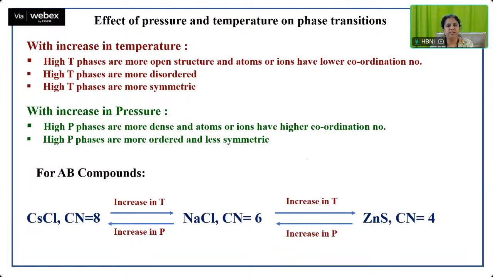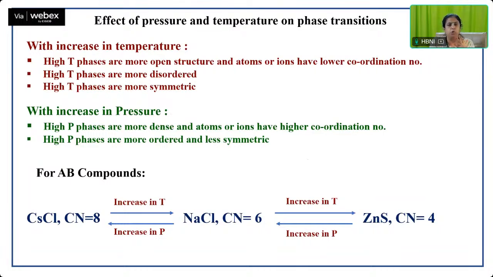What happens when you increase the temperature? What kind of phases would be stabilized at higher temperature? Because now you're increasing the temperature, they will expand. So high temperature phases have more open structure and more symmetrical structure also, because now they are trying to occupy a bigger space.